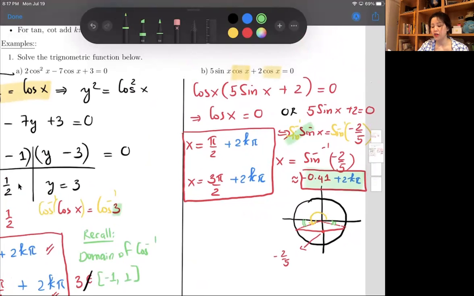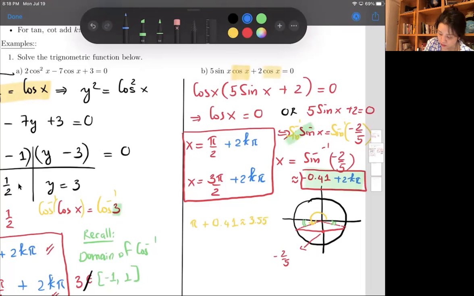So in order to figure out the yellow angle, all we have to do is take pi plus 0.41, right? Which is roughly, pi is 3.14 plus 0.41, roughly 3.55.